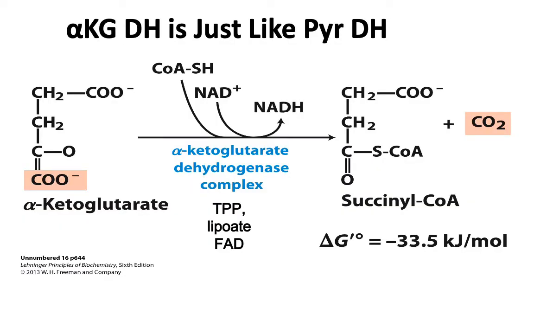Okay, another reaction I just want to talk about briefly is conversion of alpha-ketoglutarate to succinyl-CoA by alpha-ketoglutarate dehydrogenase. Interesting thing here is it's very similar to the enzyme that converts pyruvate to acetyl-CoA.